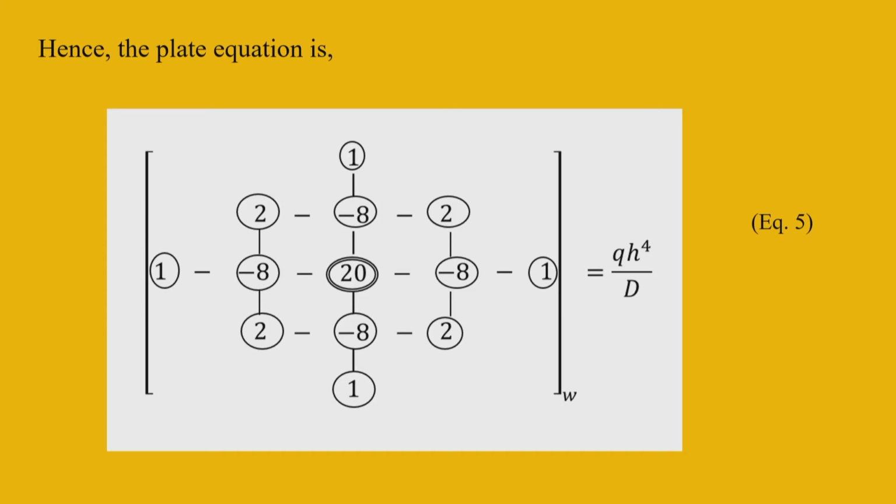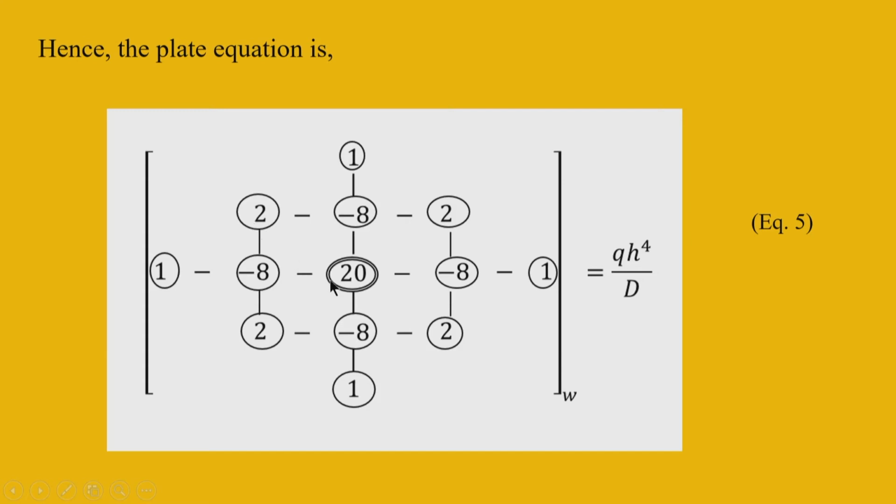So, this stencil you are seeing here, 20, minus 8 and 1, 1. When you place the stencil at a node, it covers centrally these 5 points horizontally, and vertically also 5 points, then other 3 points. Then you can see this stencil is symmetric, because it is a fourth order equation.